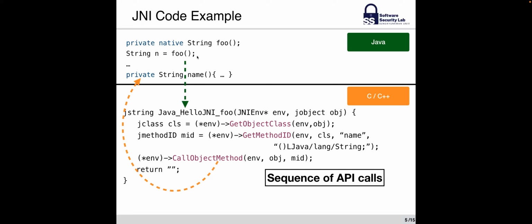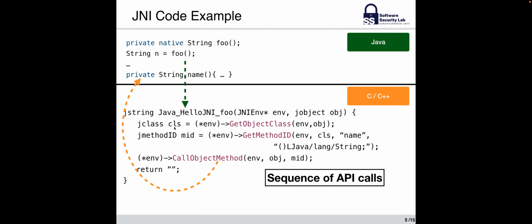In Java code, we just call this method in a single line, but in native code, if you want to call this Java method, you need to make a sequence of JNI API calls. So here you first call the GetObjectClass function. This is also a JNI function.